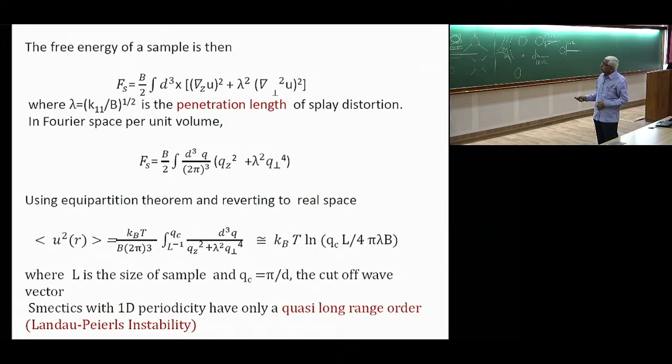Now what you must notice is this goes logarithmically as the size of the sample. This is the famous Landau-Peierls instability of one-dimensional systems. It has no true long-range order. It's what is called a quasi-long-range order, because the statistical average of u squared diverges logarithmically with the size of the sample. You can ask, what is the dephasing length?